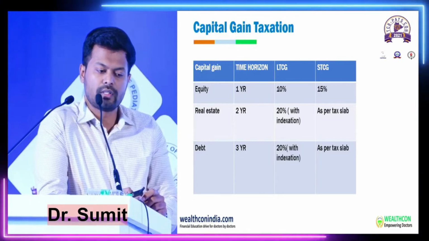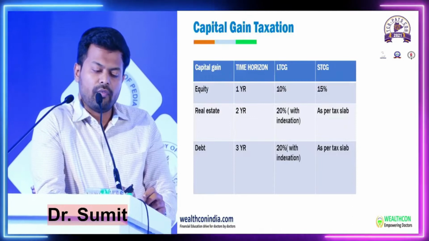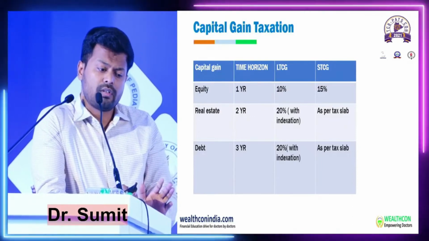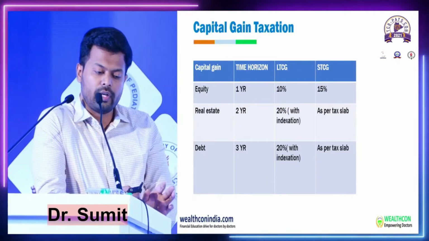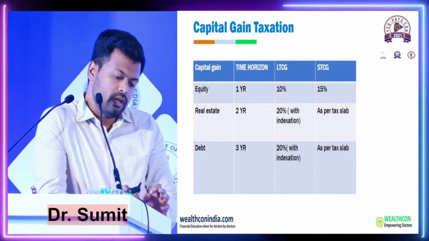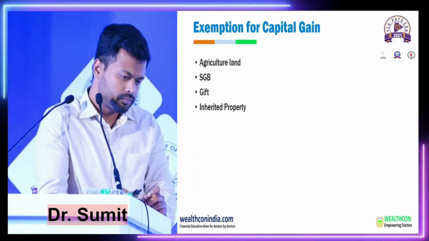For debt products, the time horizon is 3 years. Long-term capital gain after selling debt products after 3 years is taxed at 20%, and for short term, it will be as per the tax slab.